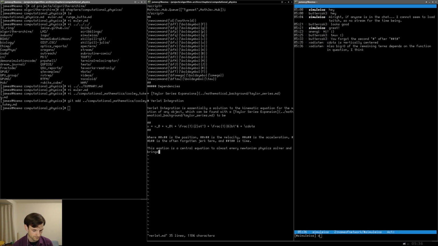And brings up a class of algorithms known as force integrators. Depends on the function in question, I think. Also, big O of the remaining terms. In this case, it might be t to the fifth. Yes, that is true. In this case, the big O notation of the Verlet integration non-velocity form is O of t to the fourth. It should be. In a class of algorithms known as force integrators.